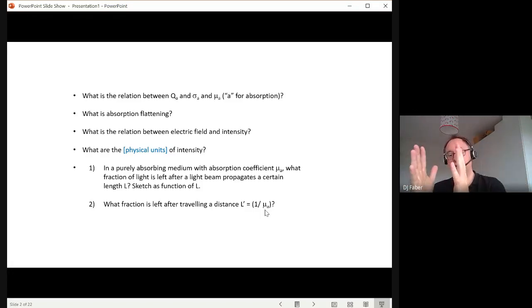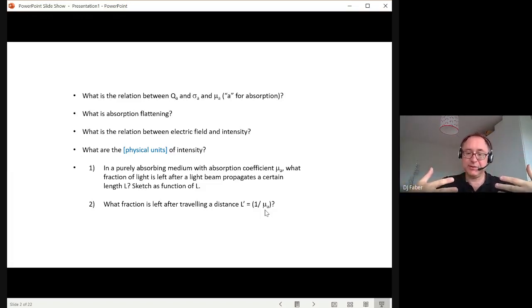If you move all the absorbing molecules to the front of the cuvette, so the part that is facing where the light comes in, then the probability of hitting such a particle for that marble increases a little bit in the first half of the cuvette, but in the second half, because there are no absorbers anymore there, the probability becomes zero. So the photons will pass through that without anything happening. And the effect of that was in net that you would get the same result as if they were distributed homogeneously.